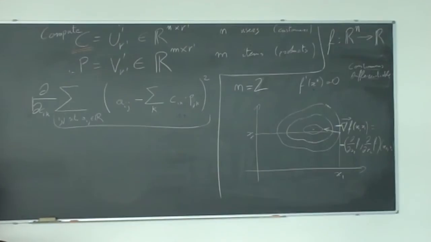So write this as the sum for i and j of the partial derivative with respect to Cik of Aij minus sum over k of Cik Pjk squared.